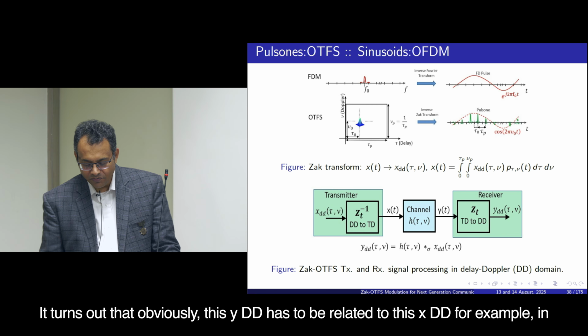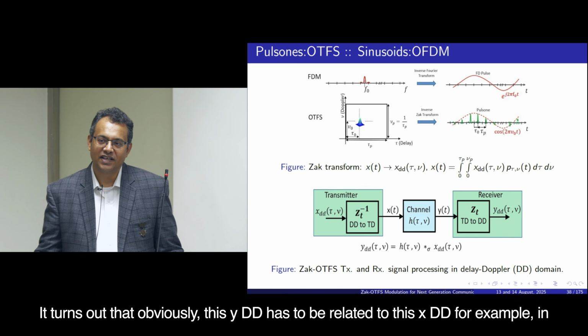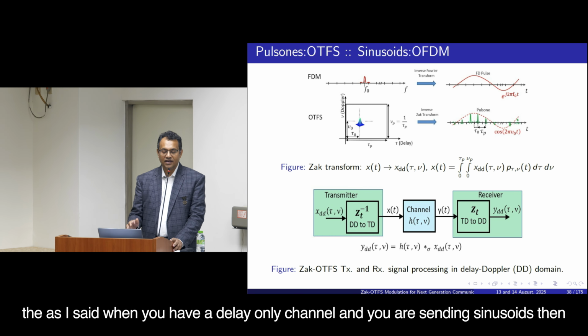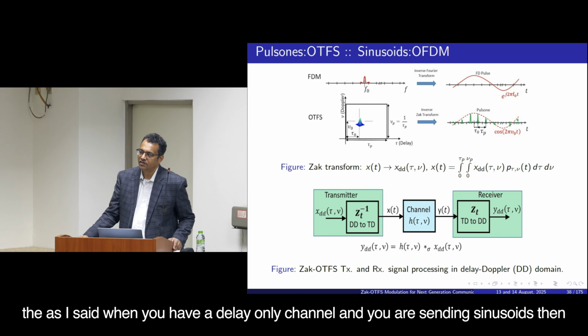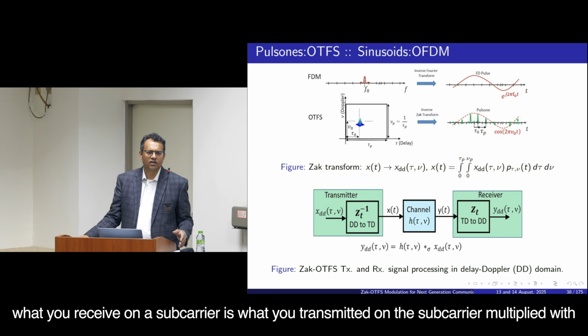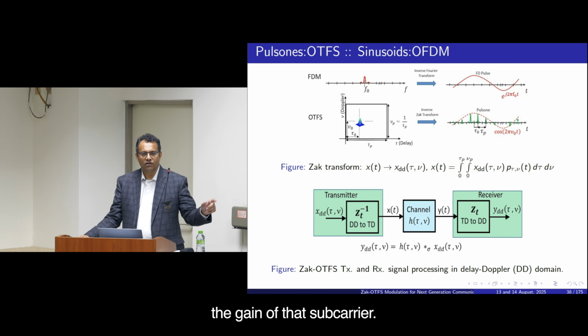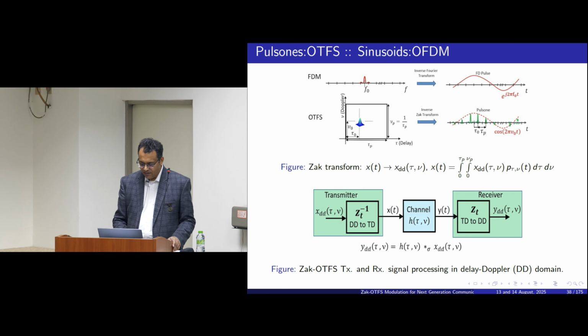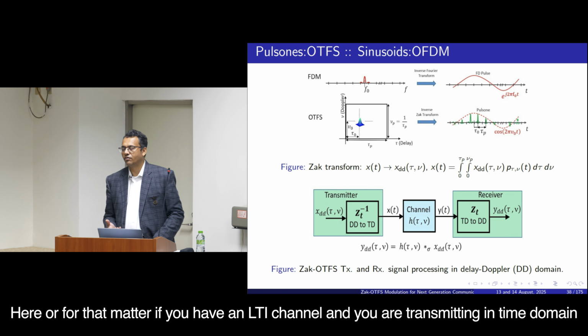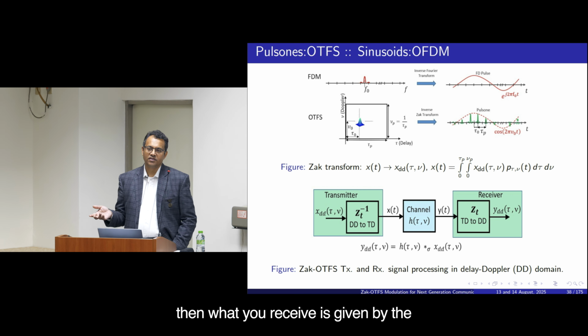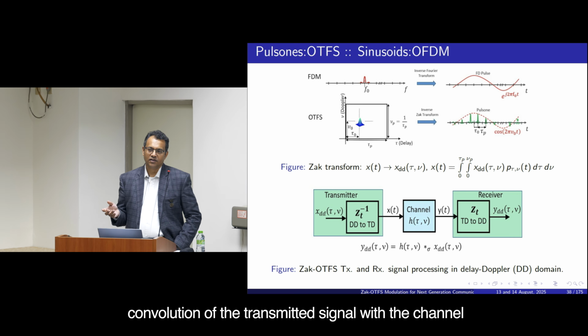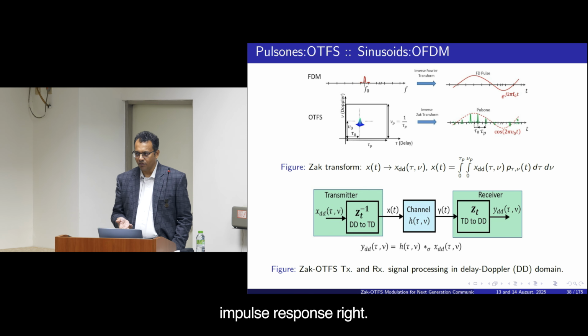It turns out that obviously this y DD has to be related to this x DD. For example, as I said, when you have a delay only channel and you are sending sinusoids, then what you receive on a subcarrier is what you transmitted on the subcarrier multiplied with the gain of that subcarrier. Or for that matter, if you have an LTI channel and you are transmitting in time domain, then what you receive is given by the convolution of the transmitted signal with the channel impulse response, right?